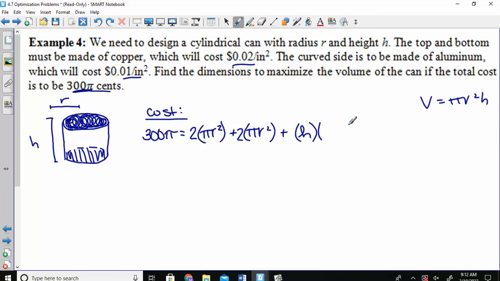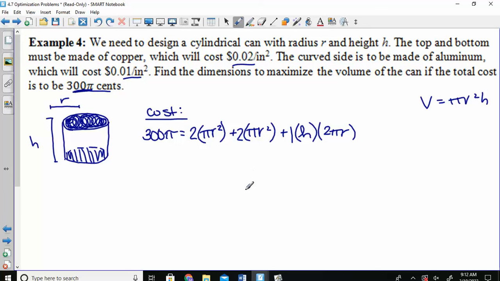The length of that label is the same as the total distance around the soup can, right? What's the name for distance around a circle? Circumference. How do you find circumference? 2 pi r. So that gives me the area of that piece, and how much do we have to pay for it?